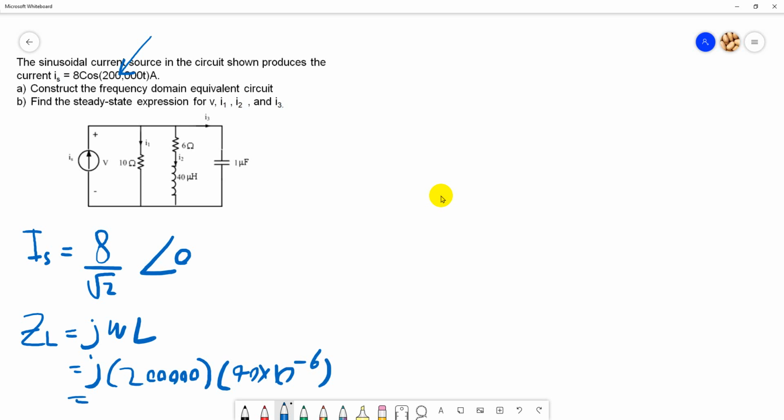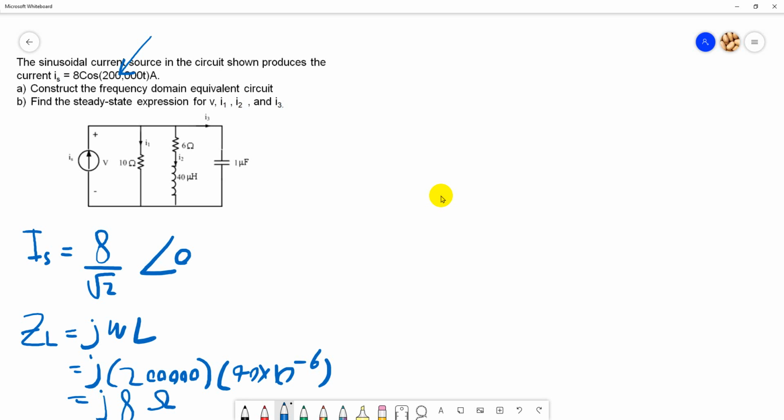So the answer, using your calculator, is j8 ohm. Don't forget the unit is ohm.